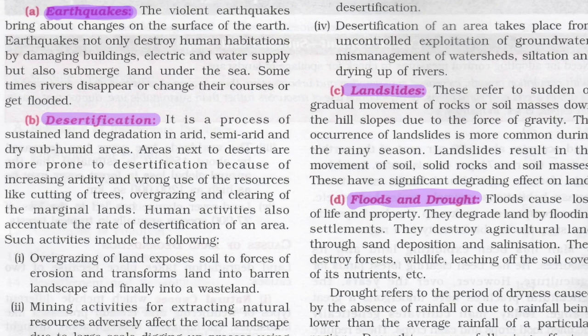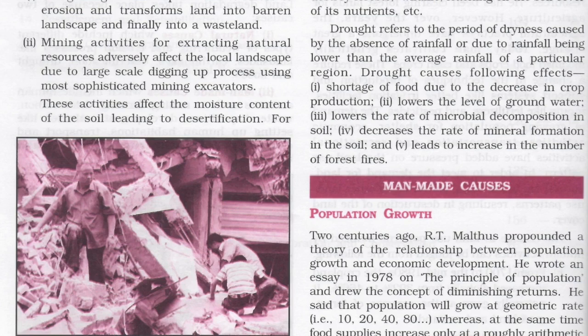Overgrazing of the land exposes soil to forces of erosion and transforms land into a barren landscape and finally into a wasteland. Mining activities for extracting natural resources adversely affect the local landscape, and due to large-scale digging, these activities affect the moisture content of the soil and lead to desertification.